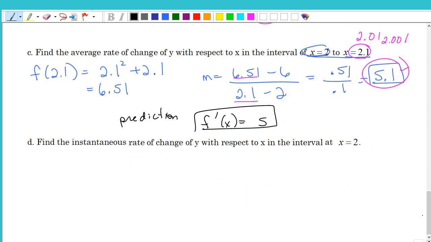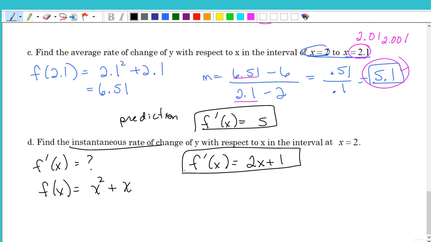Well, let's see. If I want to find the instantaneous rate, that means to find the derivative. So how do we do that? With that process. I'm going to let you do the derivative, come back and check it. I'm not going to show my work. I'm just going to write down what that derivative is. Hopefully you have worked it out. You've done the limit.